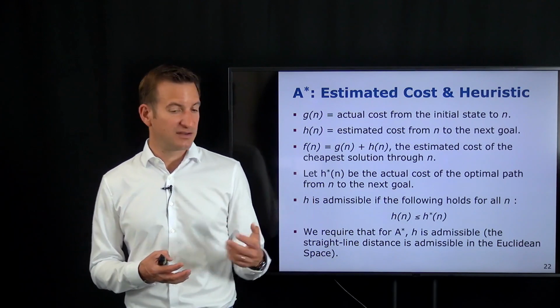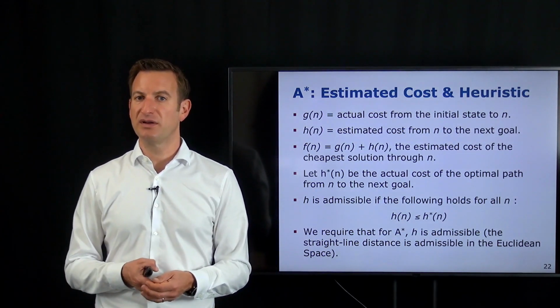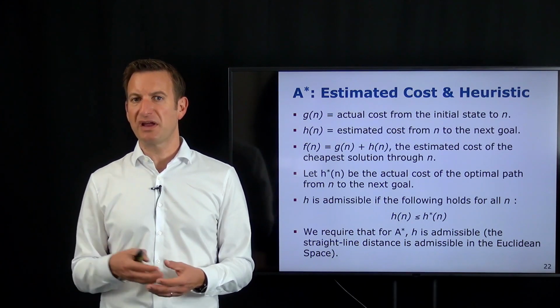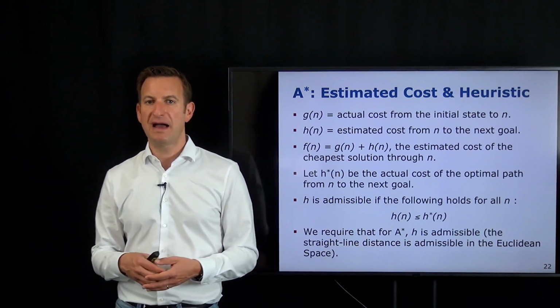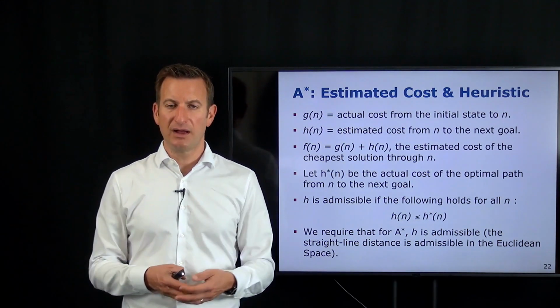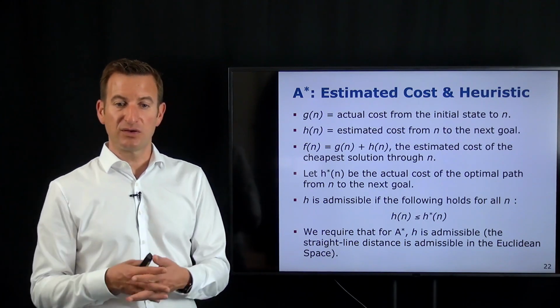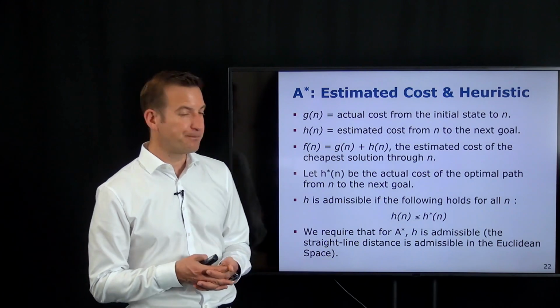And this effect of inflating the heuristic with a factor larger than 1 is something that some of the speed-up techniques like anytime or real-time A star are using in order to more quickly find an initial path to the goal, and then, if more computational time is available, optimize this path and reduce the cost of this potentially suboptimal path, but having a path at all points in time.